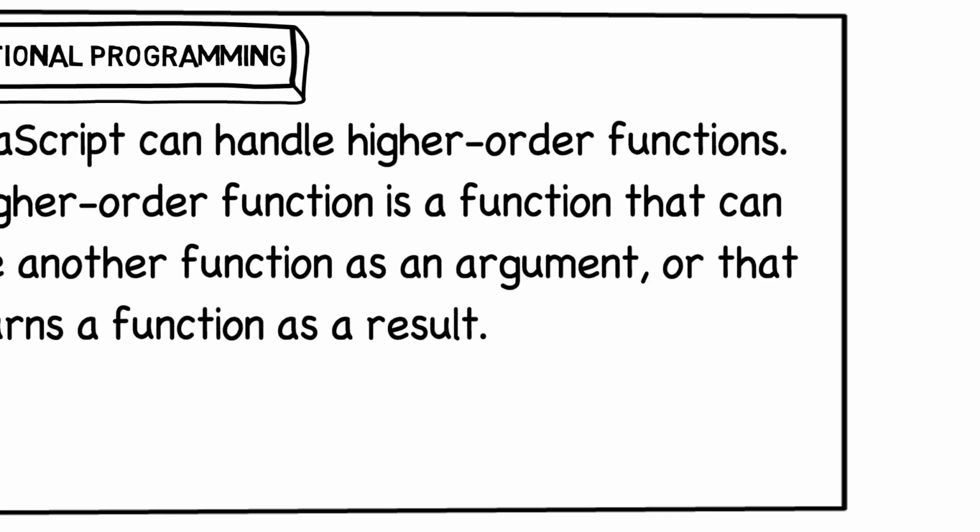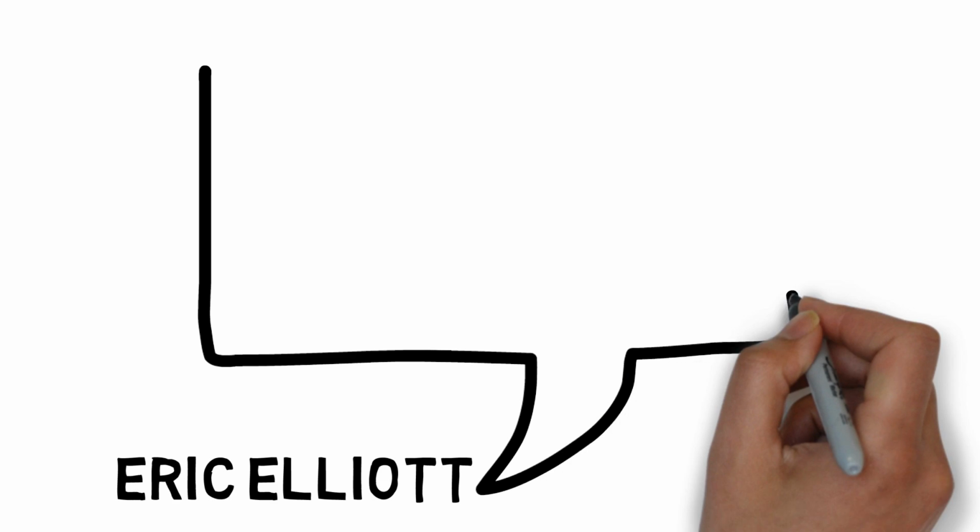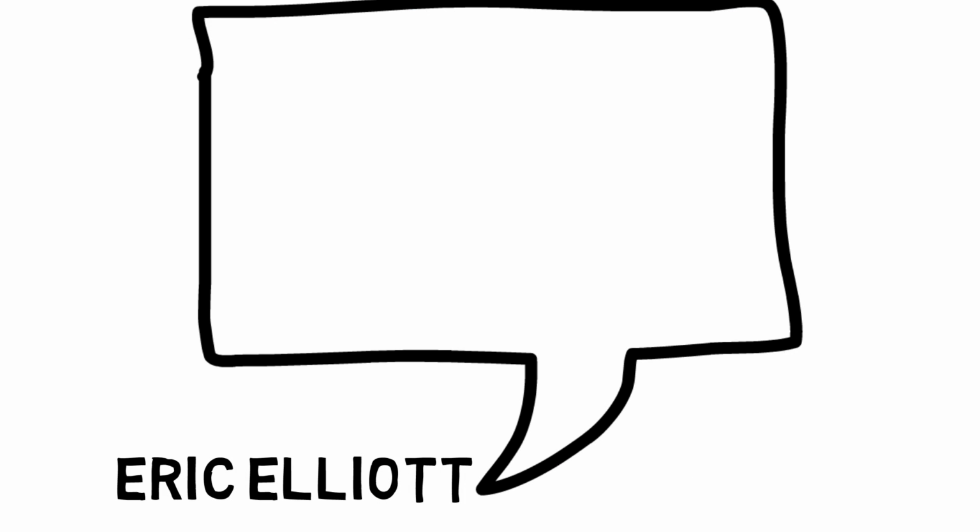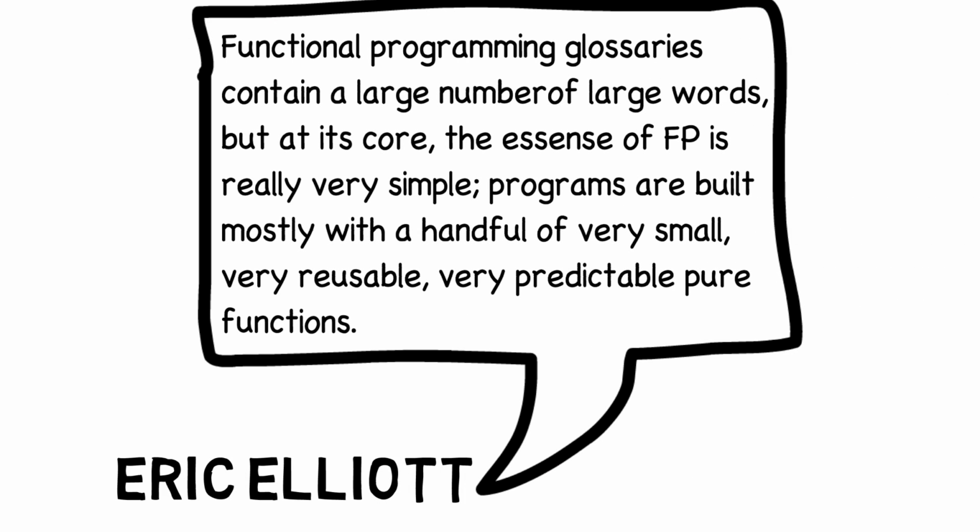Eric Elliott explains functional programming this way when he says that functional programming glossaries contain a large number of large words. But at its core, the essence of functional programming is really very simple. Programs are built mostly with a handful of very small, very reusable, very predictable pure functions.